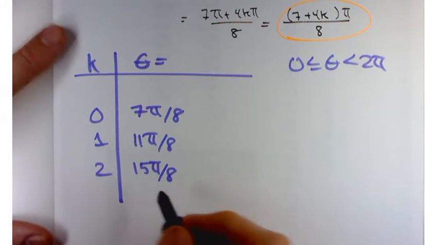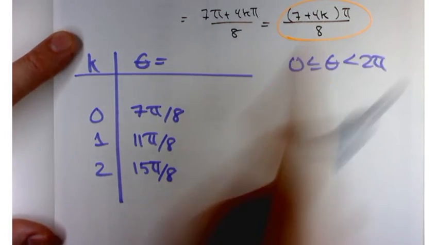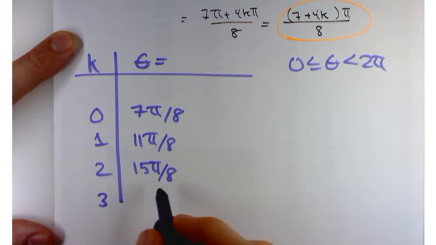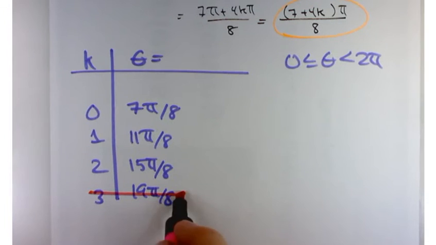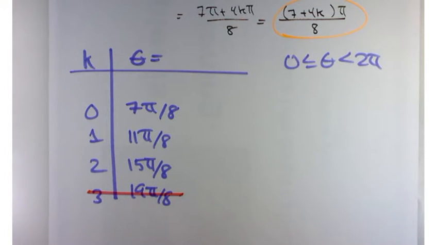Do you think I can get away with 3? Yeah, if you tried a 3, you'd end up with 19 pi over 8. And since 19 over 8 is bigger than 2, we've gone too far. But despite Nick's intuition, we know we expect 4 solutions. So how am I going to get another solution? -1.